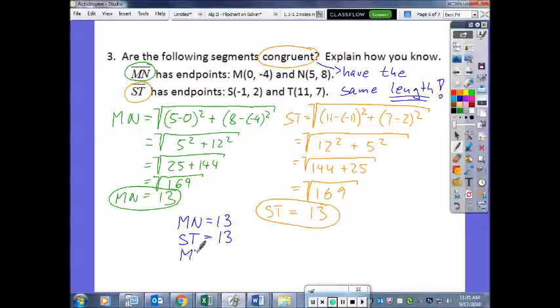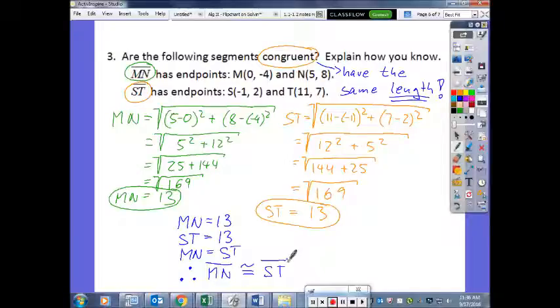Therefore, the length of MN is equal to the length of ST, and that's what it means to be congruent. So our conclusion is, therefore, the segment MN is congruent, this is what we use as a symbol for congruency, to the segment ST. This is a logic argument using information that we found out ourselves and putting it together to form a conclusion.